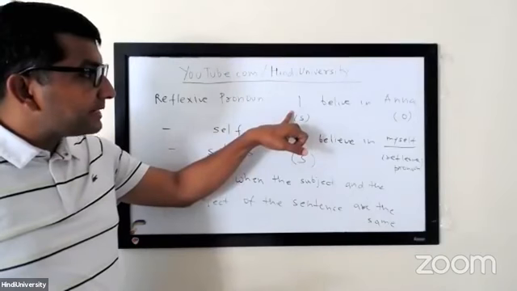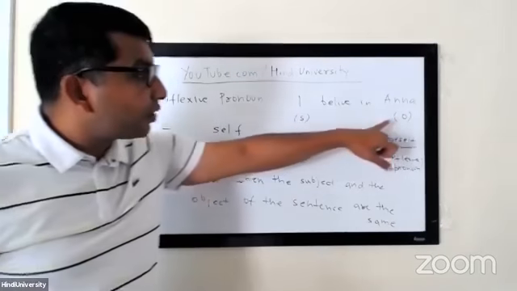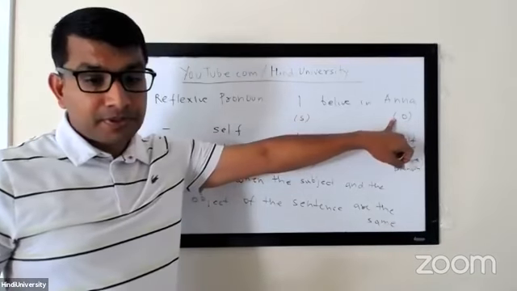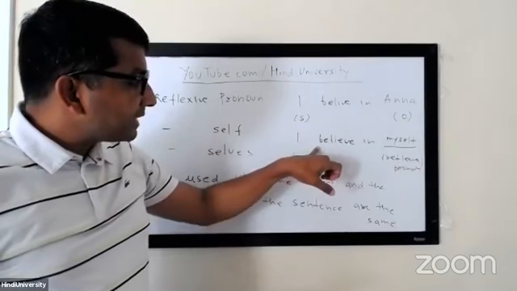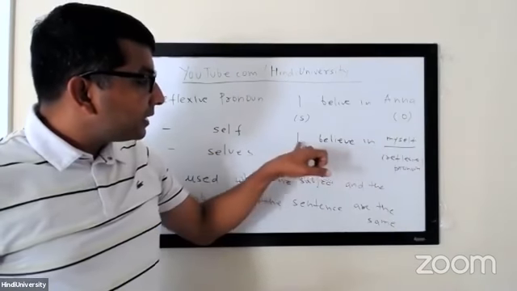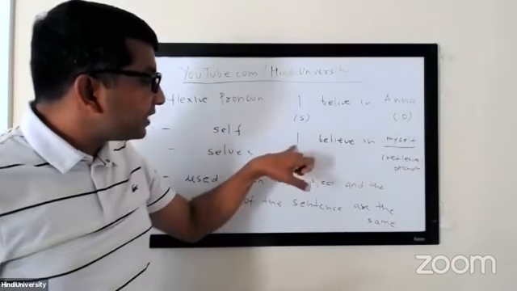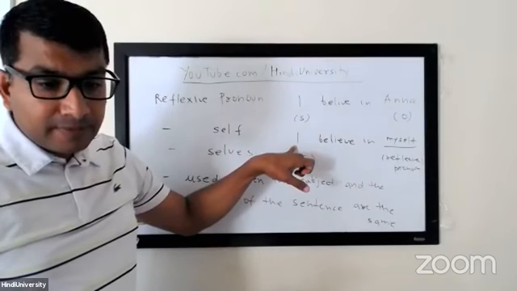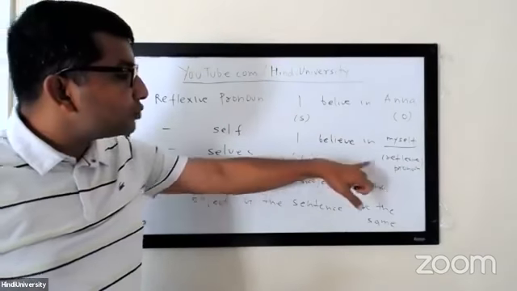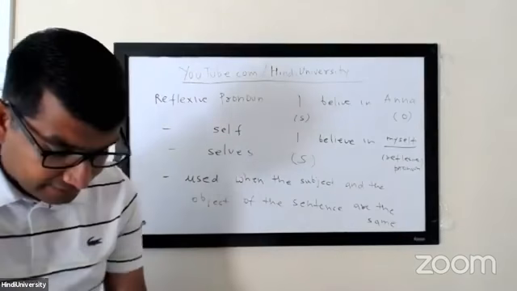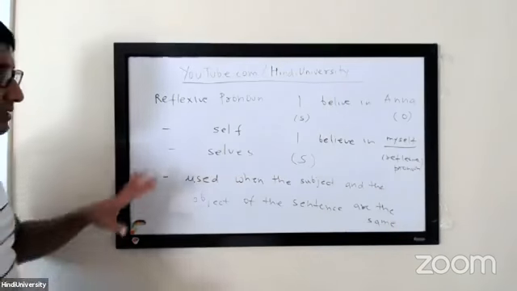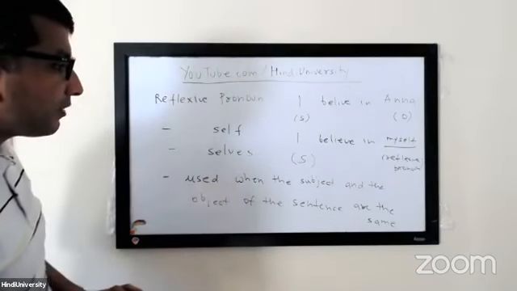When I say I believe in Anna, the subject and object are two different people. When I say I believe in myself, the myself refers to the same person who is saying it. That's why we use a reflexive pronoun there. So that's the definition part of it.